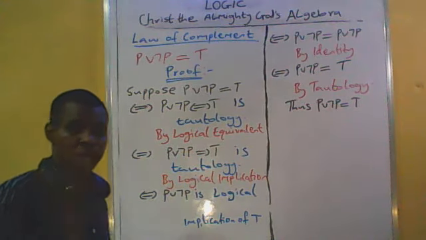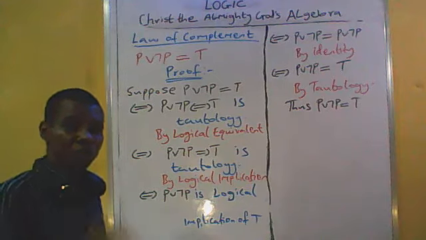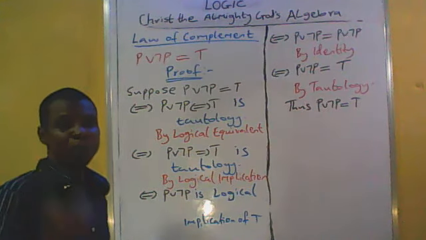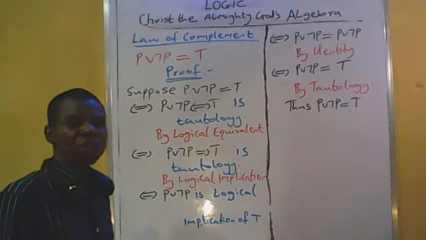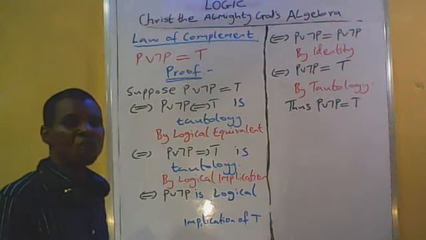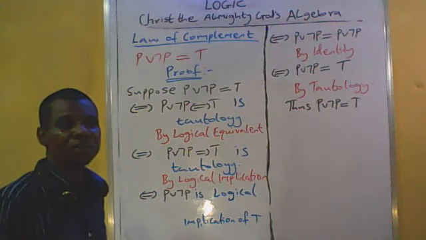It's logical equivalent. We are going to prove the converse. So by the principle of causality, we then establish that P or not P is equal to T is law of complement by disjunctive statement.